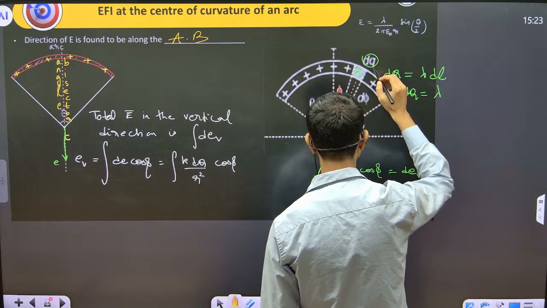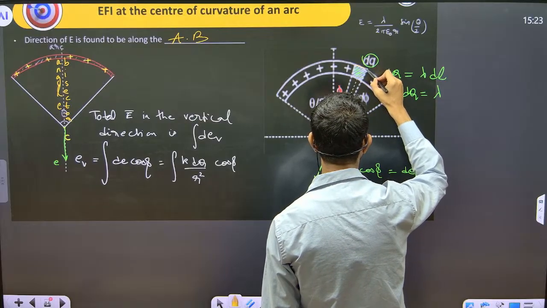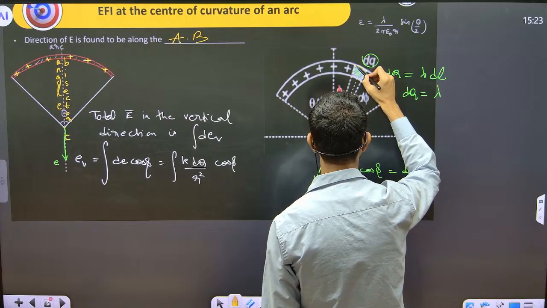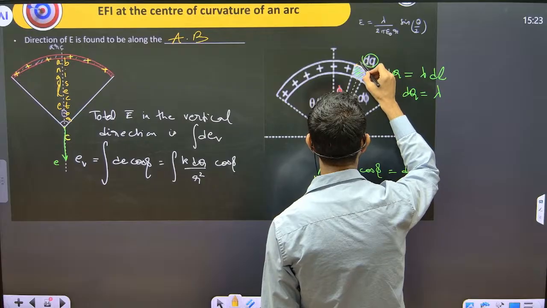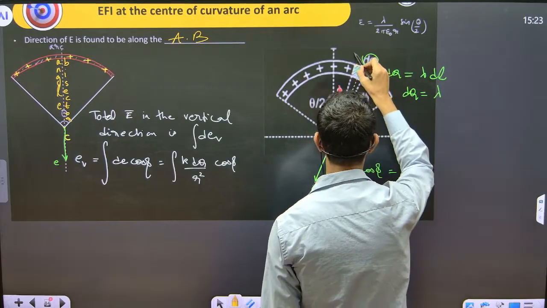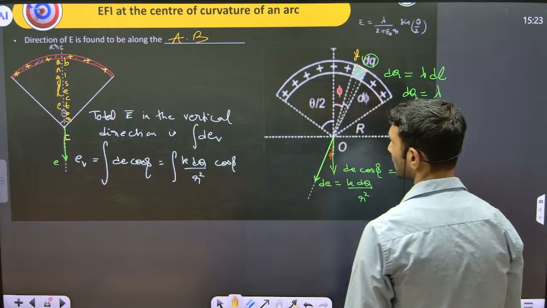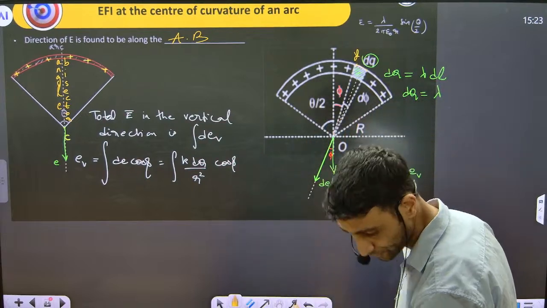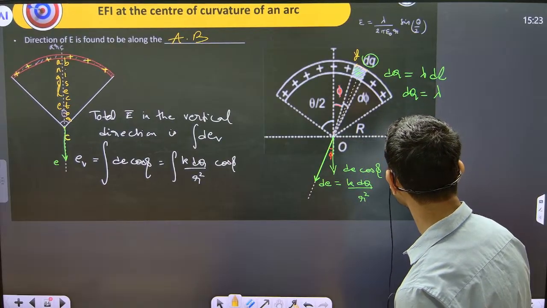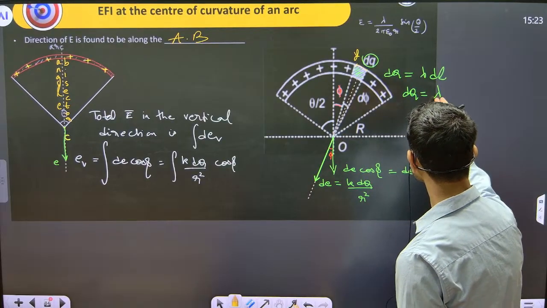Yeah, more like it. This part is dl, right? Okay, that part is dl, guys. Is it clear till here? So dq can be written as lambda times dl.